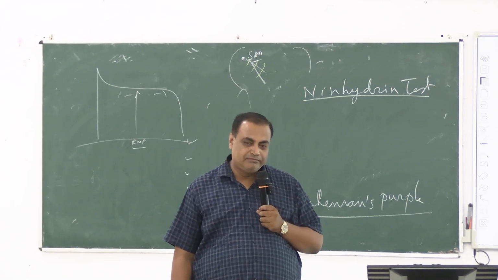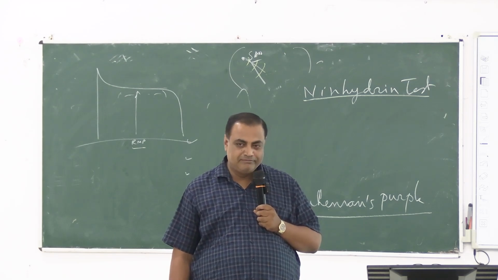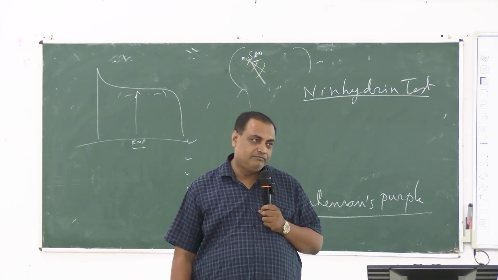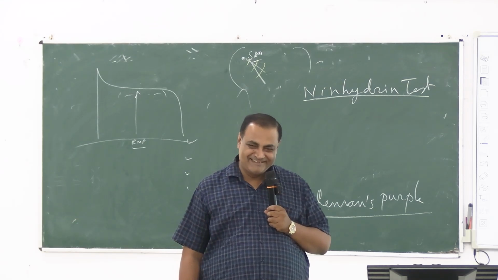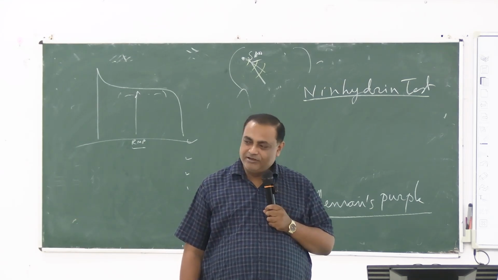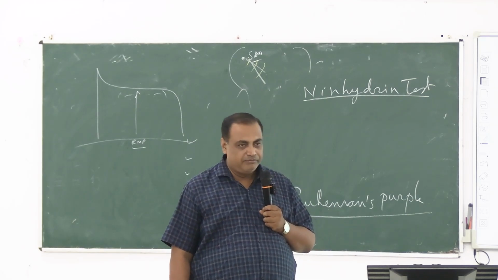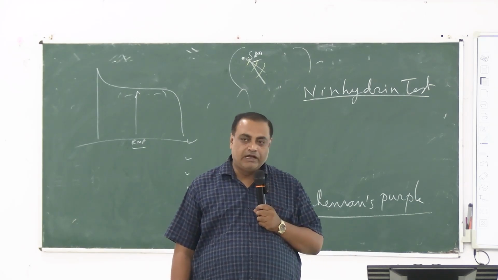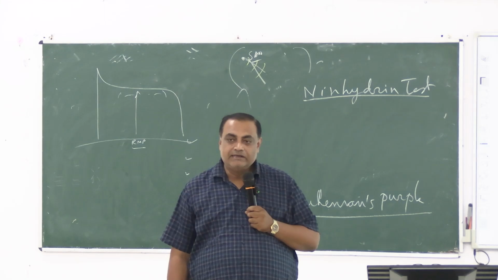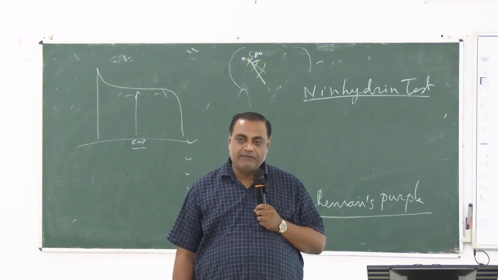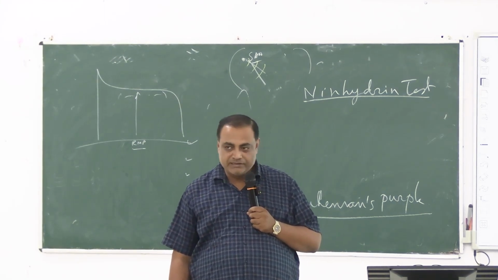Yellow, yellow, proline yellow. Yellow is the color for the ninhydrin reaction with proline because proline is a secondary amino acid, not a primary amino acid.